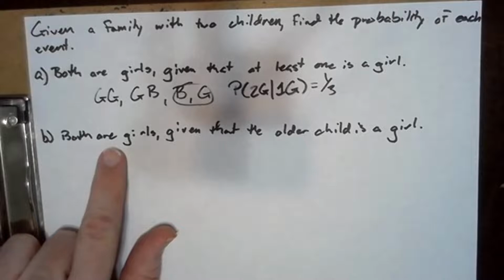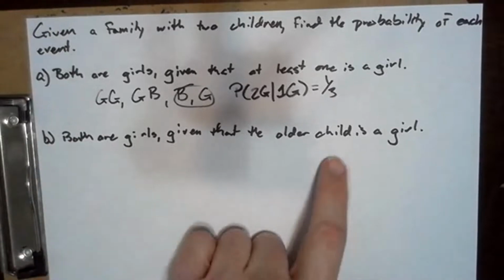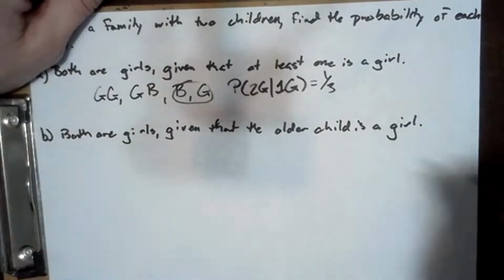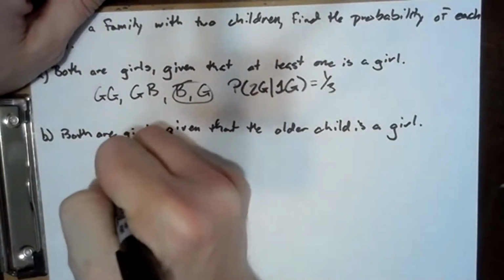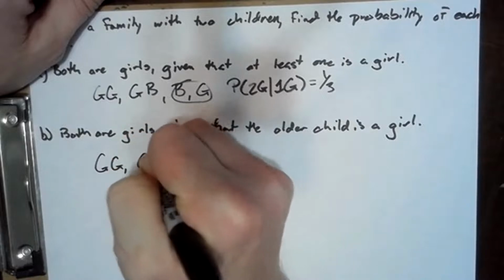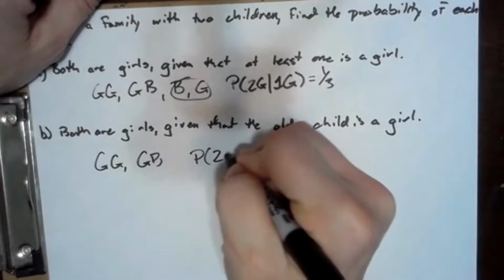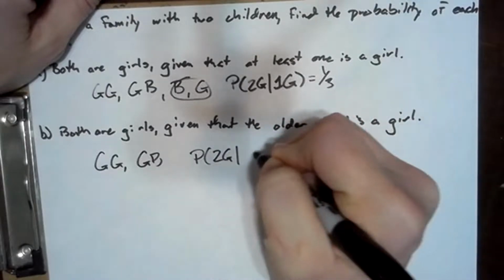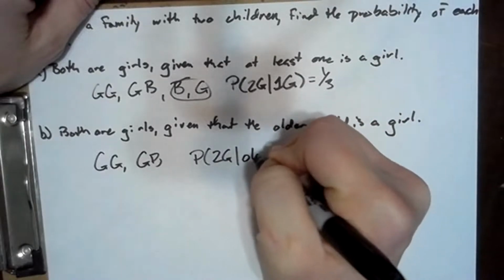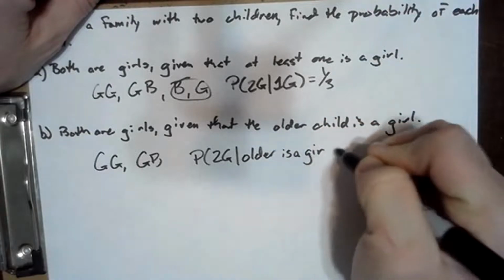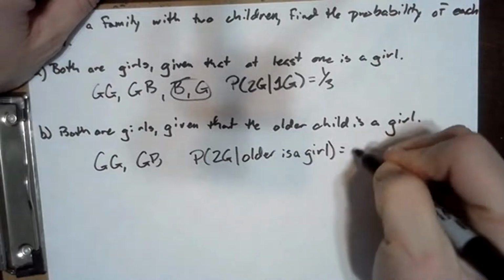Now we want the probability that both are girls, given that the older child is a girl. Okay, well, the sample space where the older child is a girl is just GG and GB. So the probability of 2 girls, given that the older is a girl, is 1/2.